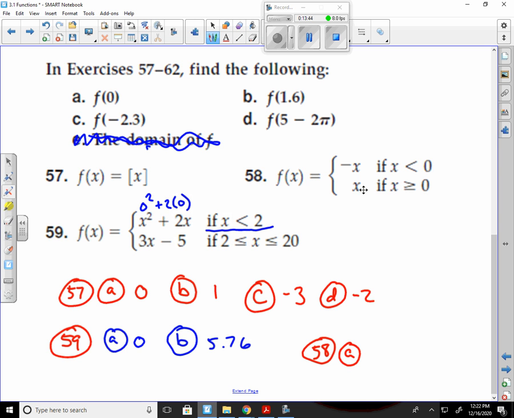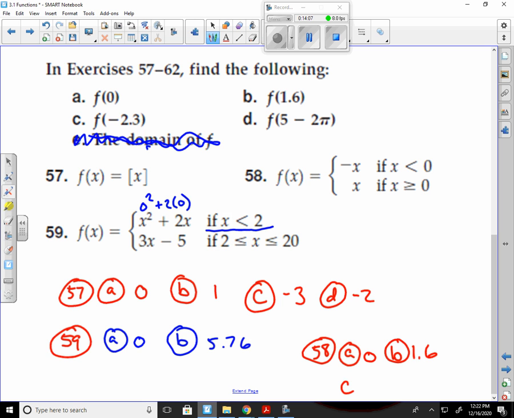Goes into the bottom. So that just makes this 0. What about B? Bottom. Yep. So it's just going to be 1.6.